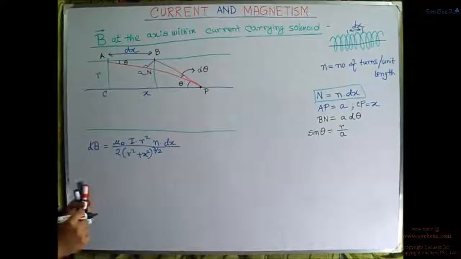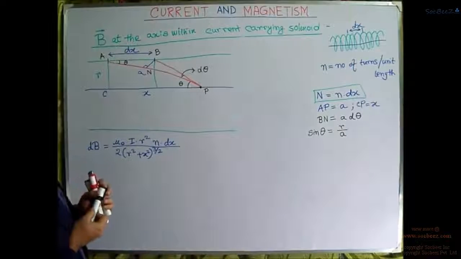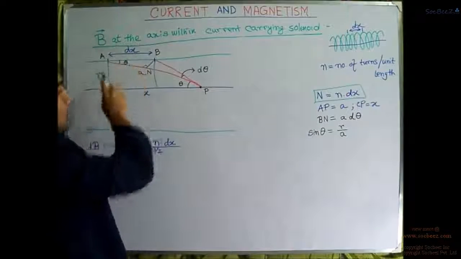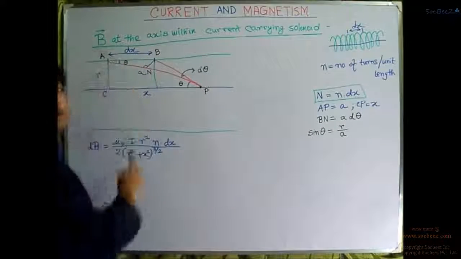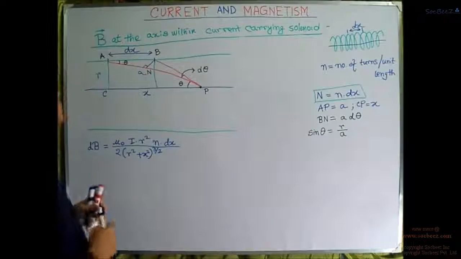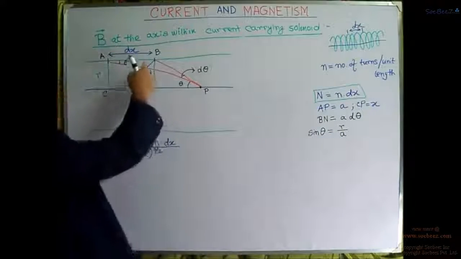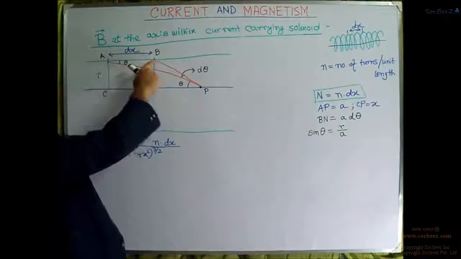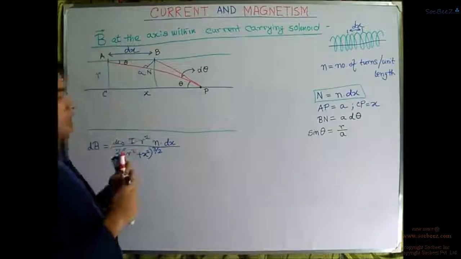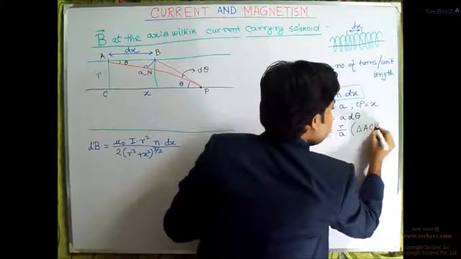The second is that over here there is also another small triangle, with theta over here. So we can take sine theta as equal to Bn divided by the hypotenuse dx. We found the first relation from triangle ACP.